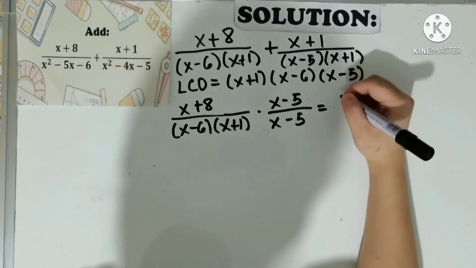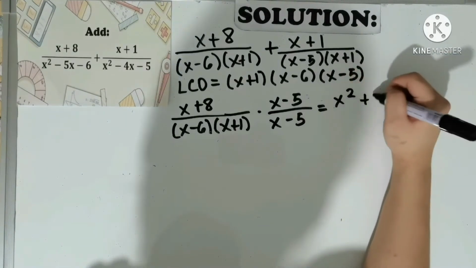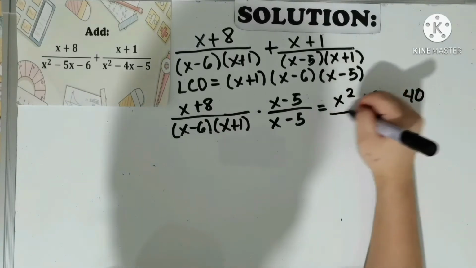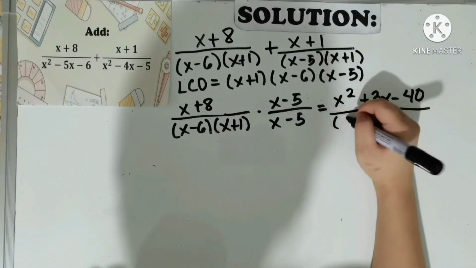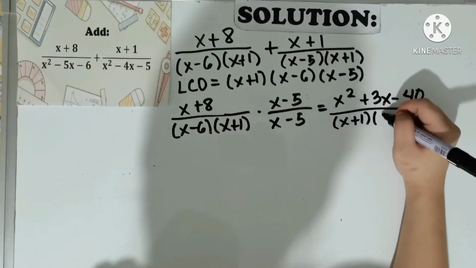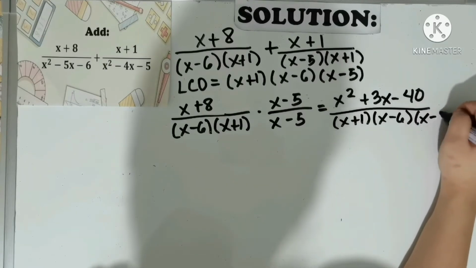And our answer is equal to x squared plus 3x minus 40 over x plus 1 multiplied by the quantity x minus 6 multiplied by the quantity x minus 5.